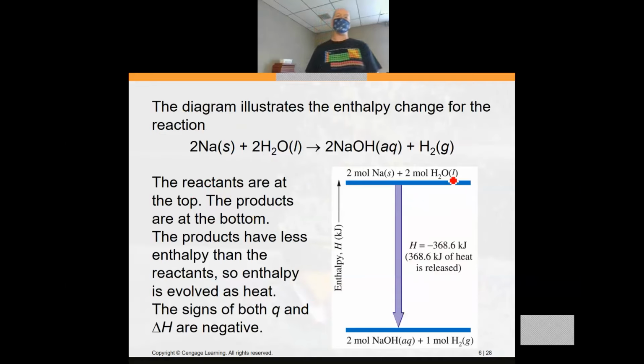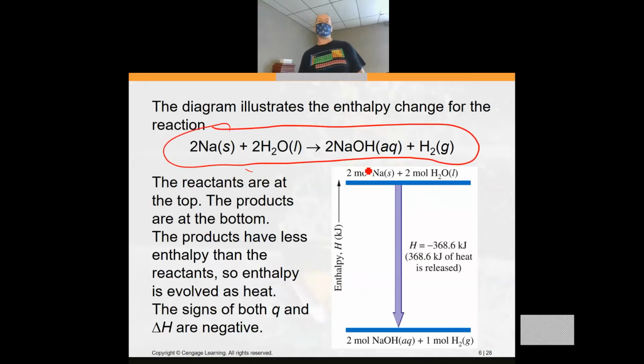All right, so we have a reaction. We add sodium to water, and you get sodium hydroxide and hydrogen gas. To find your delta H for this reaction, you're going to take off of table 6.1, 6.2, the delta H of your products, NaOH aqueous, H2 gas, minus the delta H of your reactants, sodium and H2O liquid.